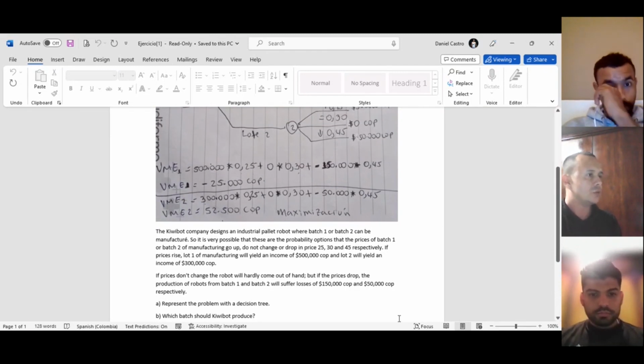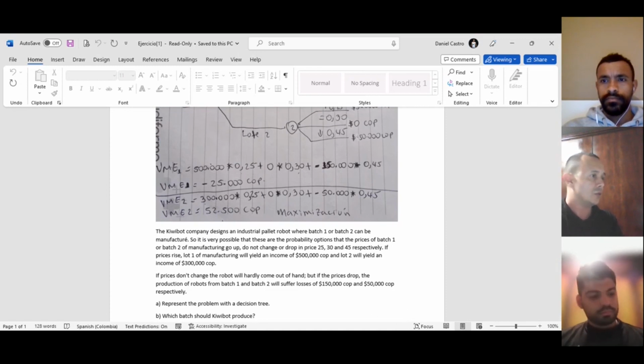Then I have the consequences for both batches of the KiwiBots robot. If the price remains the same, they do not change. The utility is zero. That is, it will not win and it will not lose.